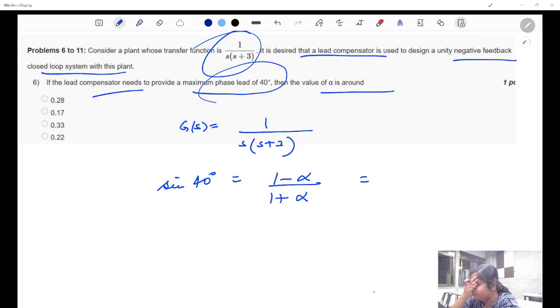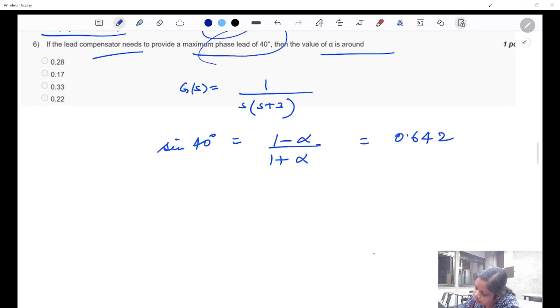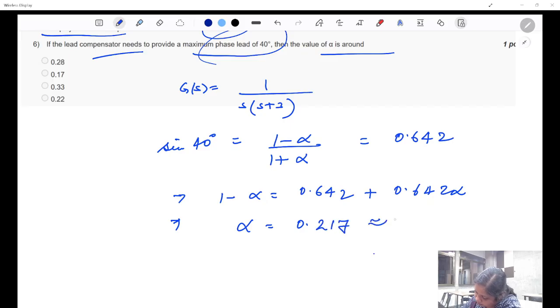If you calculate the value of sine 40, it would be 0.642. So you'll get 1 minus alpha equal to 0.642 plus 0.642 alpha. From here, alpha would turn out to be 0.217. You can approximate it to 0.2. So this is the correct answer.